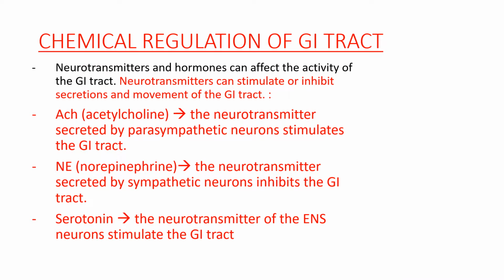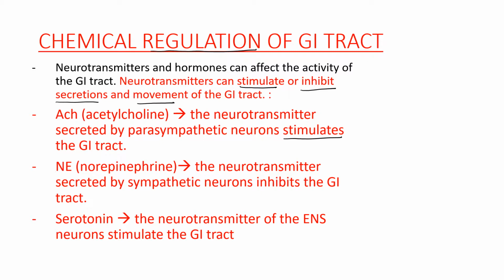Remember that the response of the GI tract is going to be that of secretion and movement. Regulation of GI tract activity involves either a stimulation or inhibition of these two activities, secretions and movement. Acetylcholine, which is the neurotransmitter secreted by the parasympathetic nervous system, stimulates secretion and movement of the GI tract.